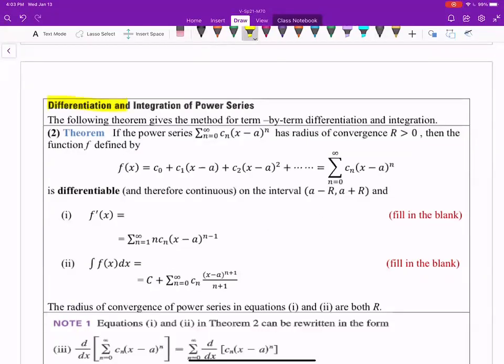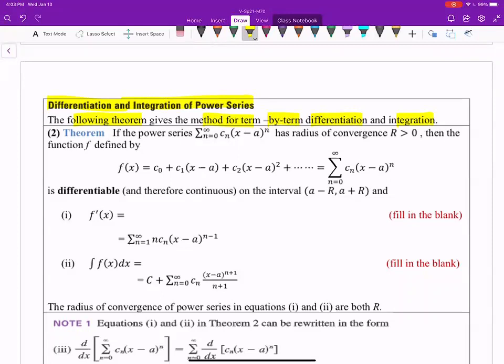The next concept is very useful: differentiation and integration of power series. The following theorem gives a method for term by term differentiation and integration. Theorem 2.